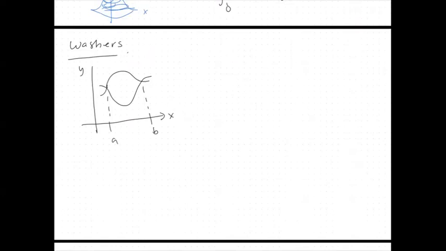You can revolve it about any axis, but in this case the x-axis. This is your x-axis.